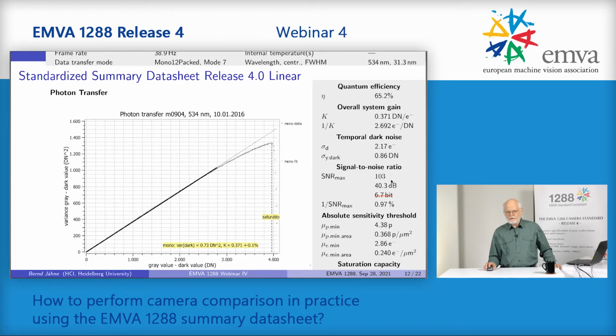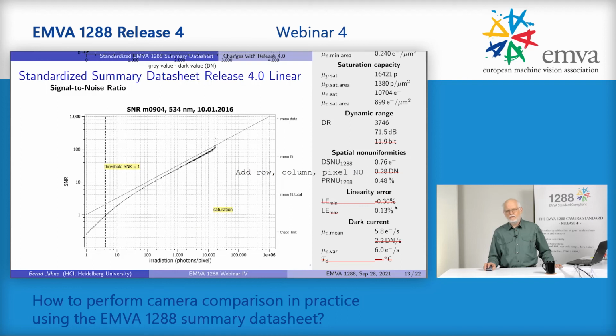And everything that is an electron is simply changed to photons. So we basically have everything here now reported in photons instead of electrons. Since for the absolute sensitivity threshold and saturation capacity, we anyway have it in this way, this is actually not a big deal at all. And also for the spatial non-uniformity, it's of course no longer in electrons, but in photons.